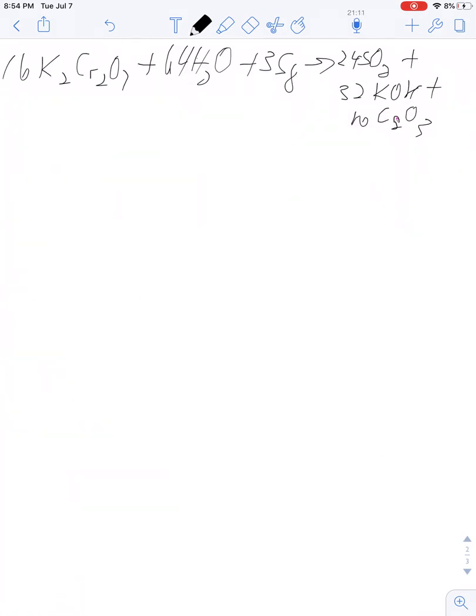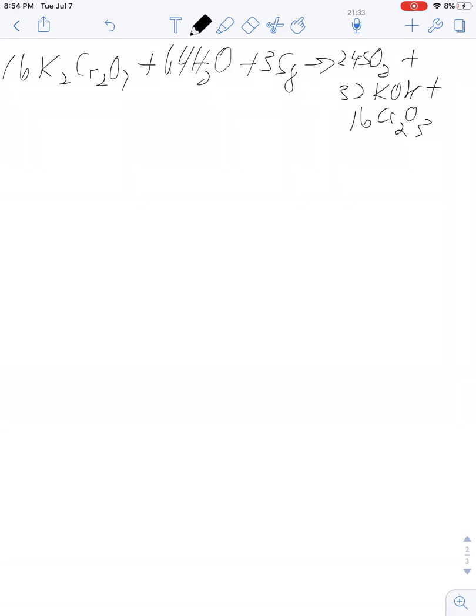All right, so let's check to see if this is correct, okay? Now, if you had unlimited time, you could go and check all of the elements to see if this is balanced right. If you didn't have unlimited time, just check the oxygens. If the oxygens are right, then everything else must be right, okay?